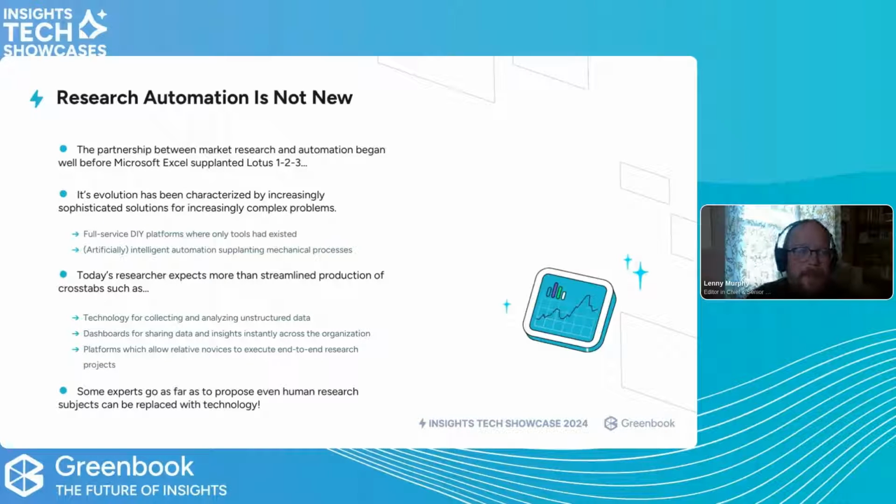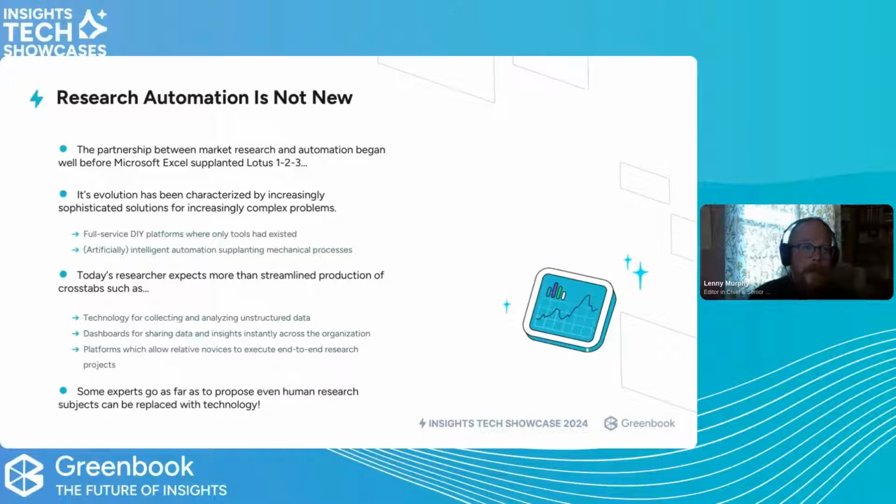There's actual data here. So first, research automation is not new, right? We even go back to automation with Excel when it supplanted Lotus 1-2-3. Effectively, technology has been automating this for a very long time. Its evolution is driven by increasingly sophisticated solutions for increasingly complex problems.